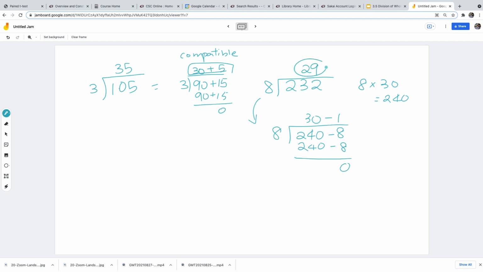This is so much easier than doing the long division, isn't it? If you do the long division for this one, it's gonna be like 8 times what is close to 232? I know that 3 is too big, so I'm gonna go with 2. And 2 times 8 is 16.